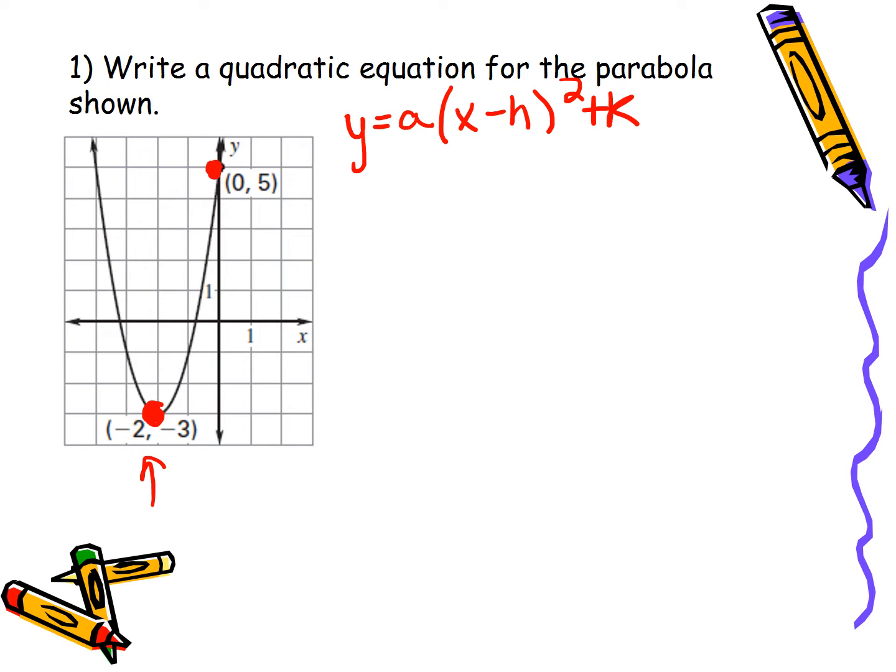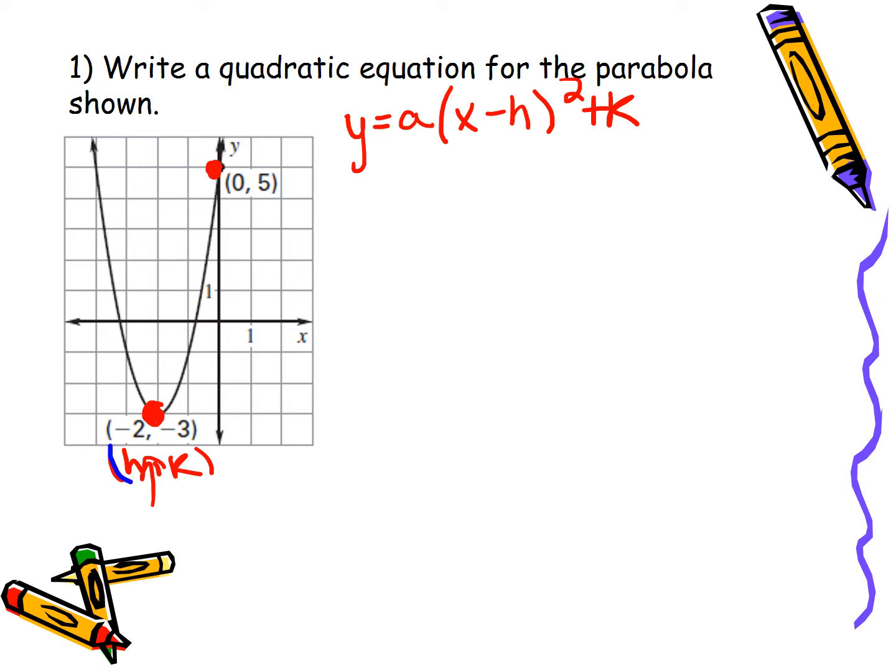And just like we learned with absolute values and with lines, translated form tells me that the vertex is just h comma k. If that's hard for you to see, let me write it in blue.